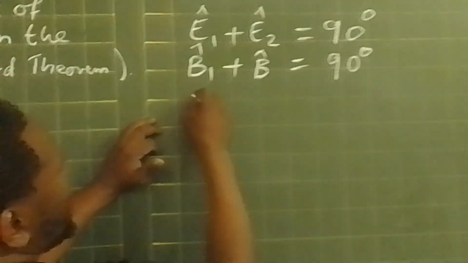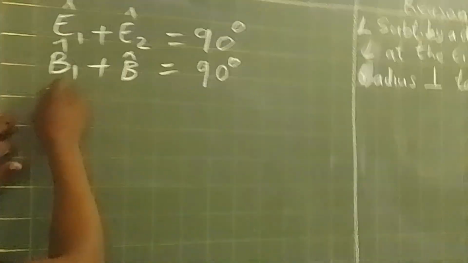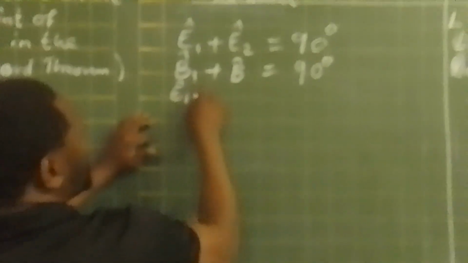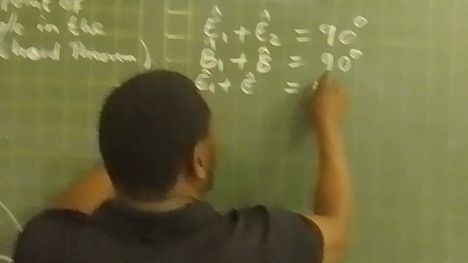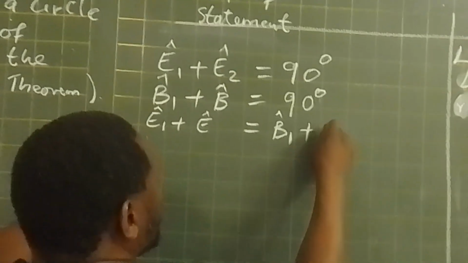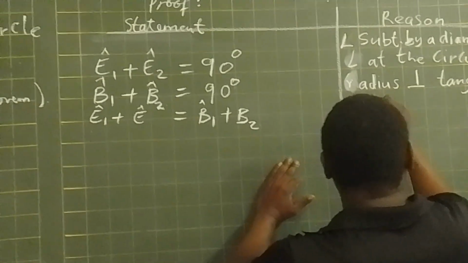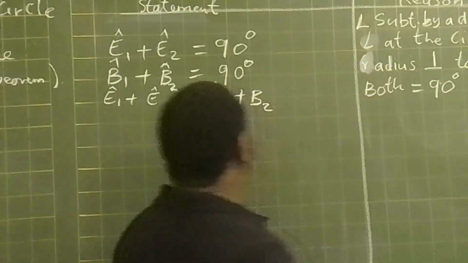Since we know that both equal 90, we can say that E1 plus E2 is equal to B1 plus B2. Here we must put the subscript 2, B2. The reason for that, both angles equal 90 degrees.